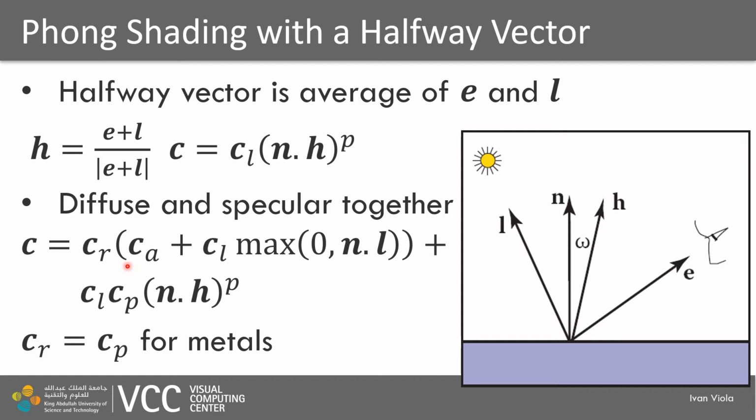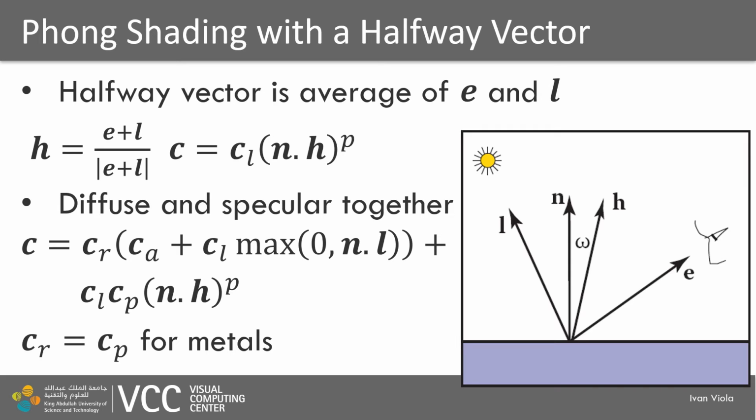We sum this up together with the ambient light, and then this is all reflected in a scaled way based on the color of our material. So which color component will be more suppressed and absorbed, and which will be more emphasized.